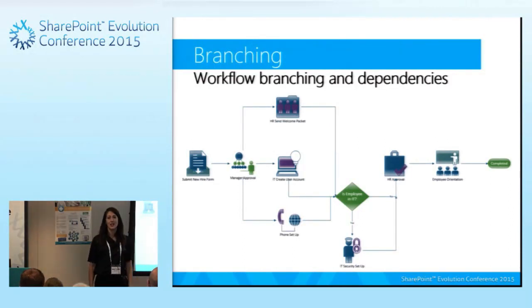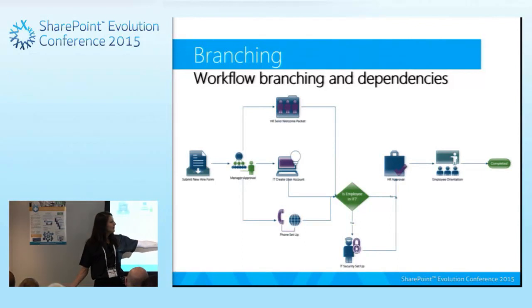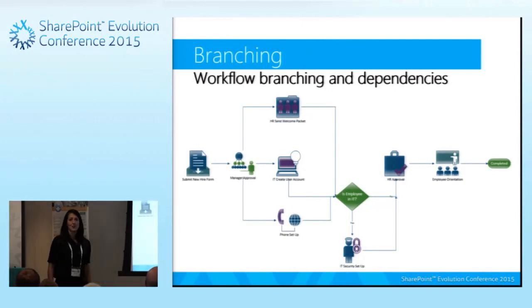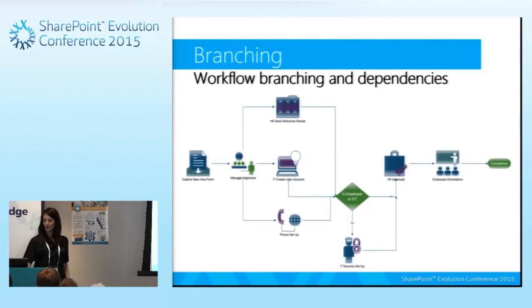The condition is, if the user is an IT employee, then we have one little additional step that needs to happen. They have to be set up with security. After that, we have HR approval, and then the employee goes through an orientation process. So as you can see, this is not just a straight list of serial tasks. It's more realistic. It has a lot of different things that are happening with different departments and different people.